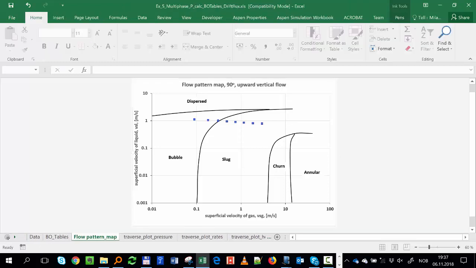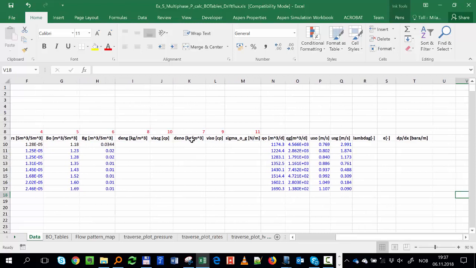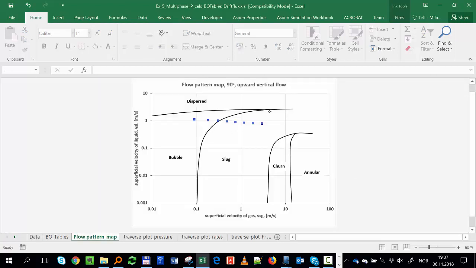If you see, let's go here to the left. Well, we haven't calculated the properties yet, but the properties are going to be different. The viscosity will be different. So we cannot use exactly the same map; it's going to change slightly. But if we assume that this is the flow map for that tubing, you see what is the transition.